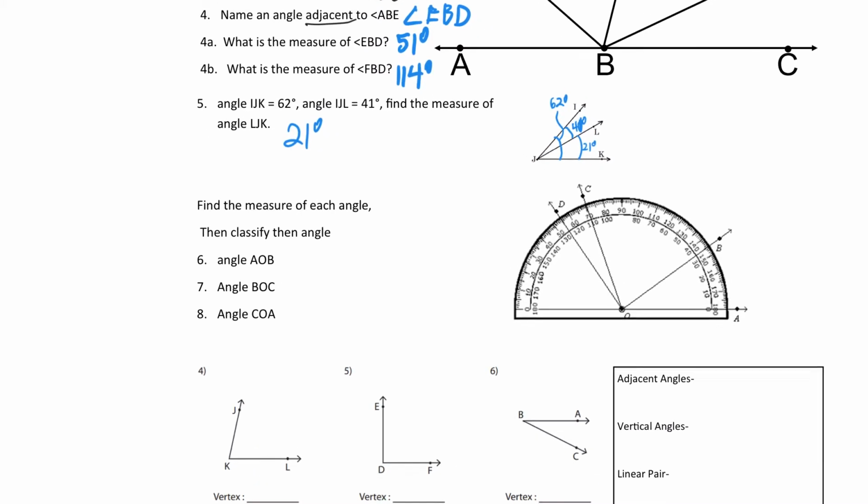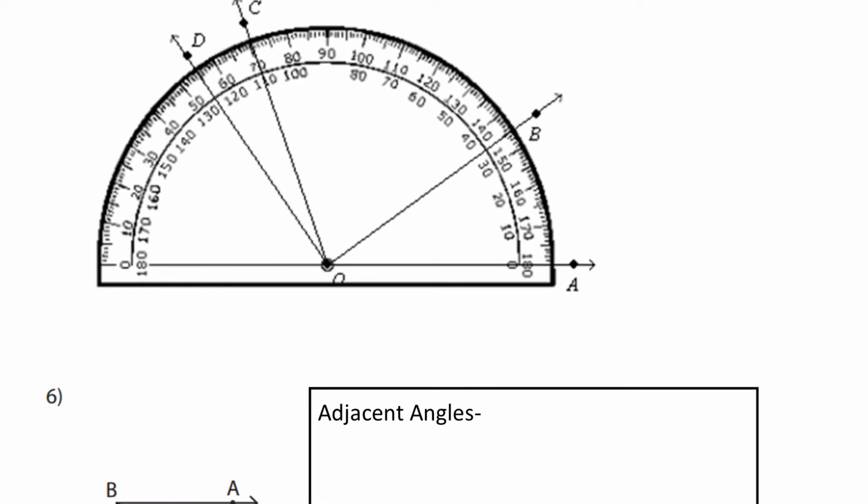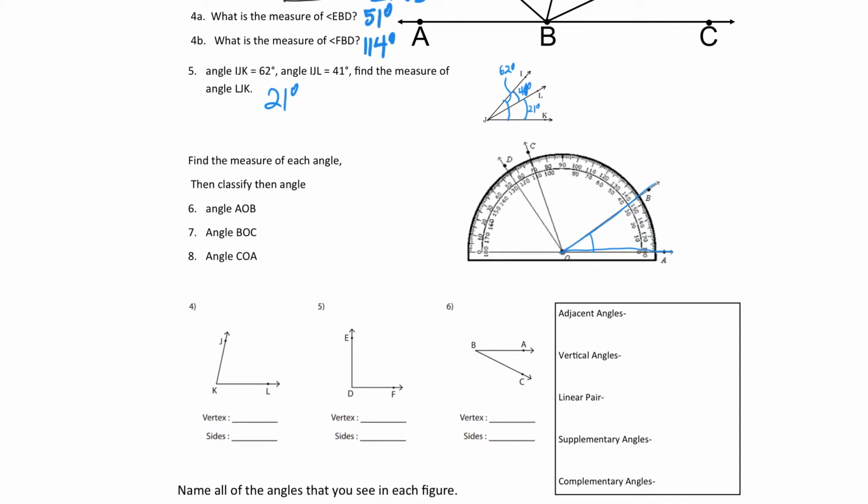All right, so angle AOB. AOB is this angle right here. How big is that angle? 35. Okay, it's 35 degrees. All right, next one is BOC. How big is angle BOC? 75.